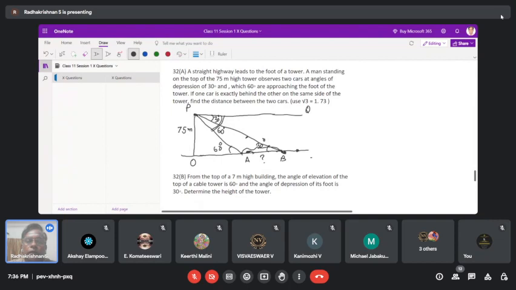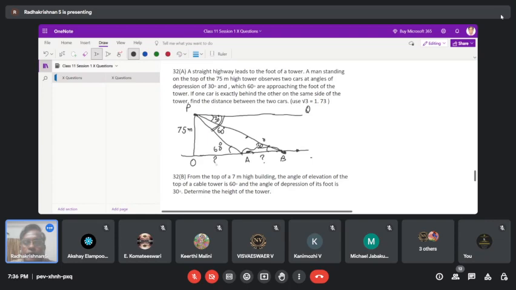Now in triangle PAO, this length is given as 75 meters and this angle is 60 degrees.